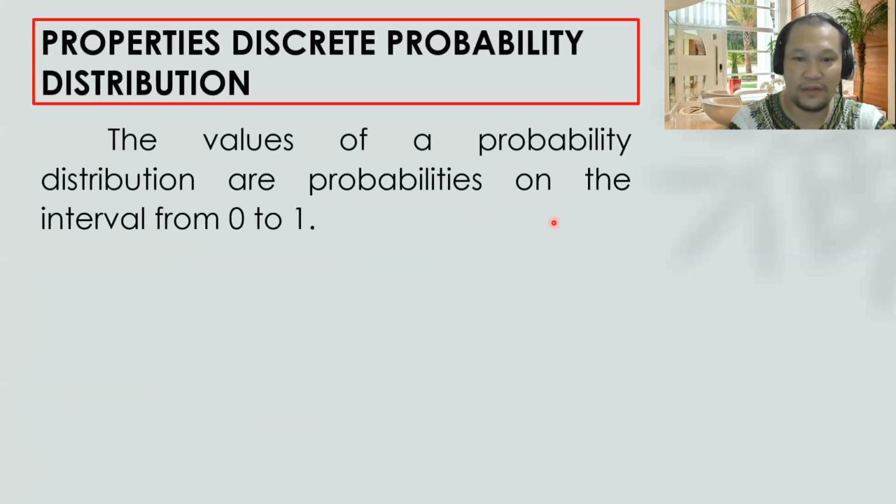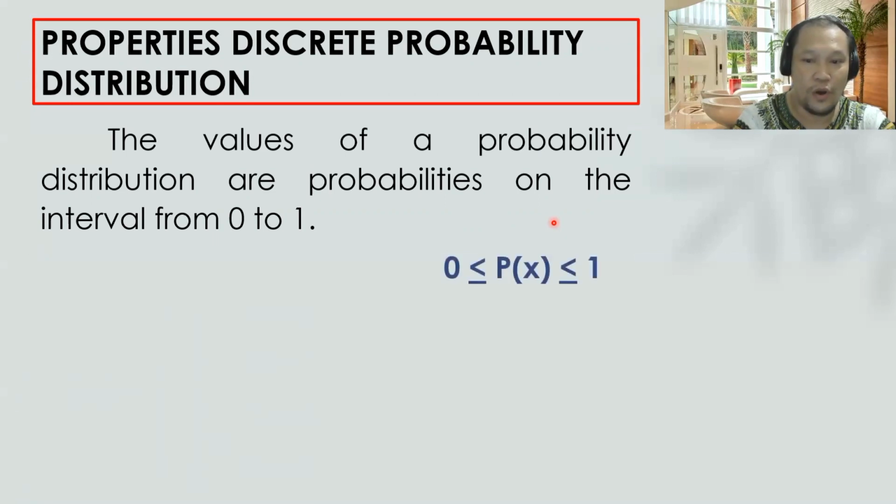Number one, the values of a probability distribution are probabilities on the interval from 0 to 1. By notation, we have P of X is greater than or equal to 0 but less than or equal to positive 1.